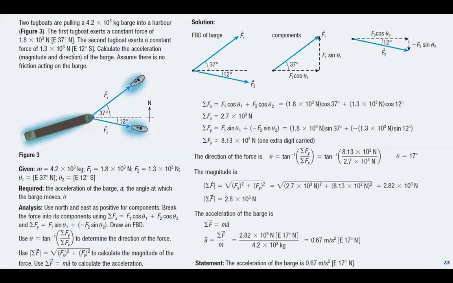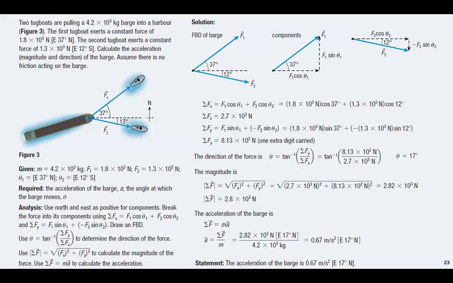Okay, so we can denote the north and east as positive for components, then break the force into its components using sigma Fx equals F1 times cosine theta 1 plus F2 times cosine theta 2. And do the same thing for the net forces along the y direction. Then we can draw an FBD, free body diagram, and then use the arctangent to determine the direction of the force.